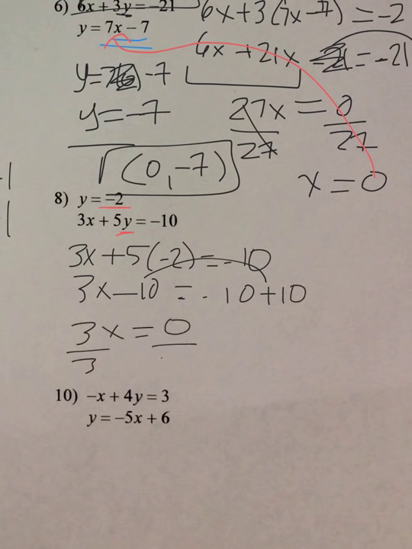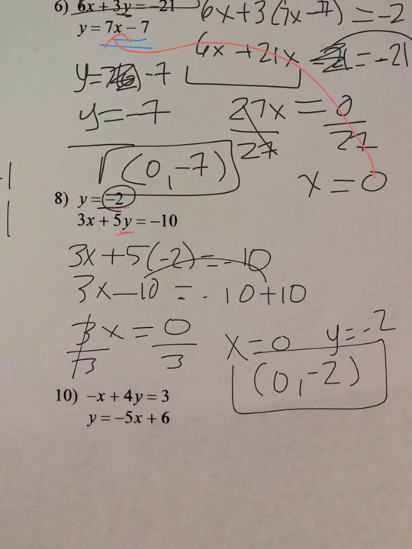Divided by 3, divided by 3, x equals 0. Okay. Now that you know x equals 0, you don't even have to plug it back in because you already know what my y value is. What's my y value? Negative 2. I was about to plug it in. 0, negative 2. Excellent. We found an easy one.